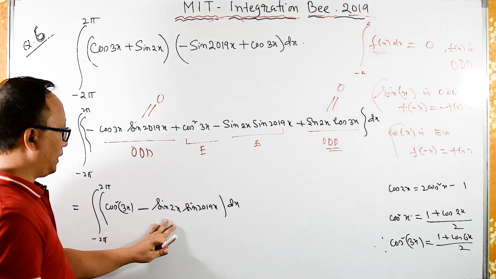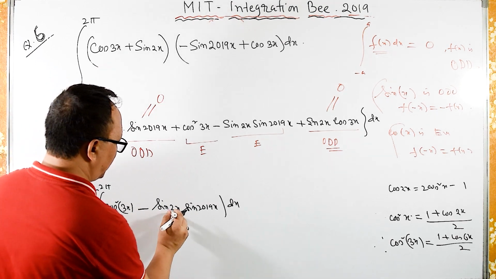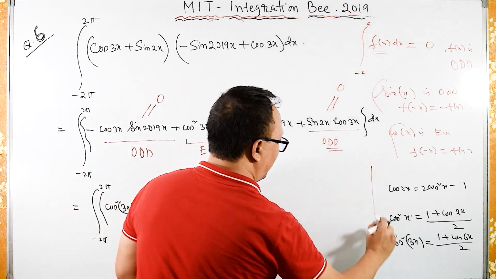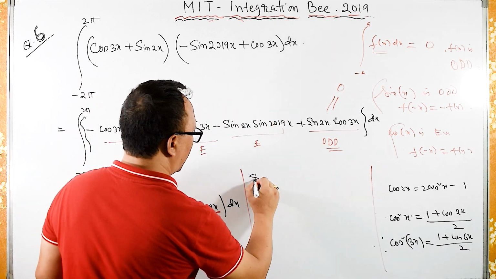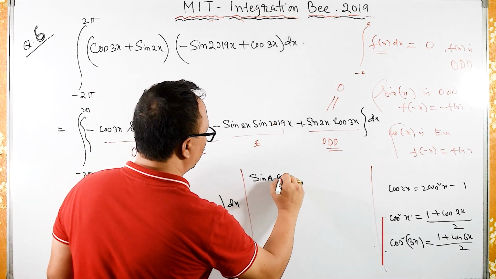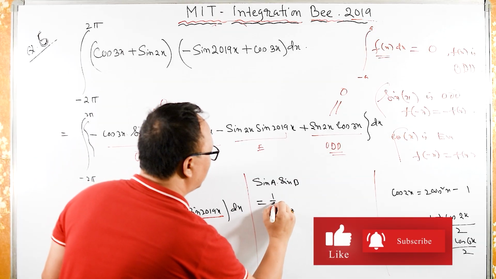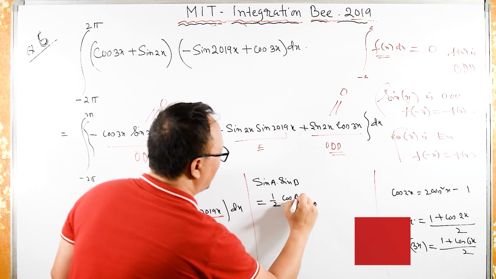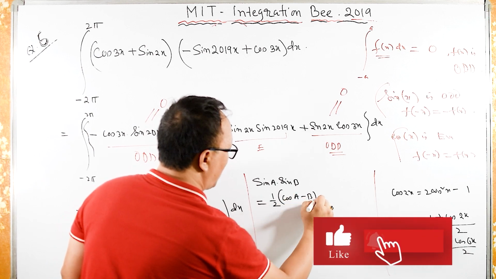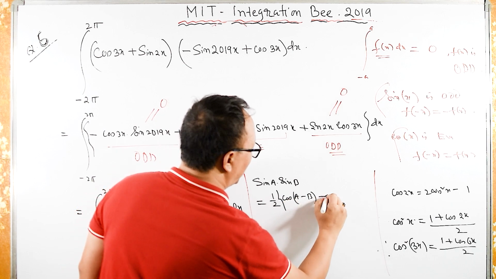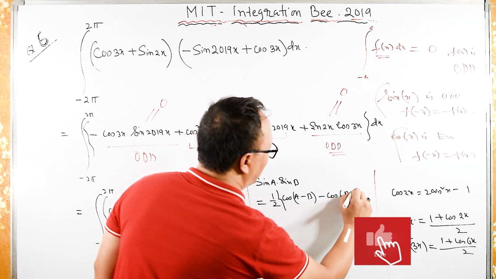And what about this? We have sine, so we have to use the sine a and b formula. Sine of a into sine of b equals half of cos of a minus b minus cos of a plus b.